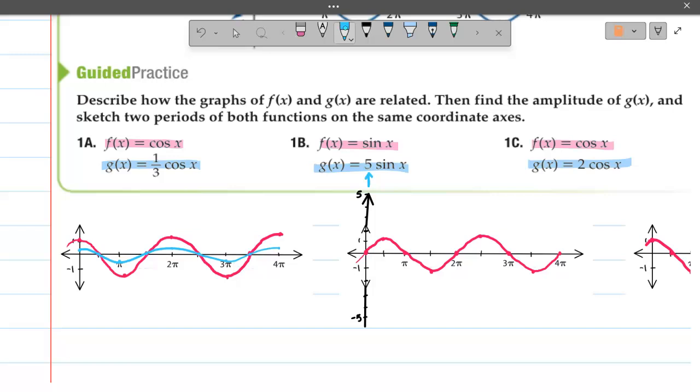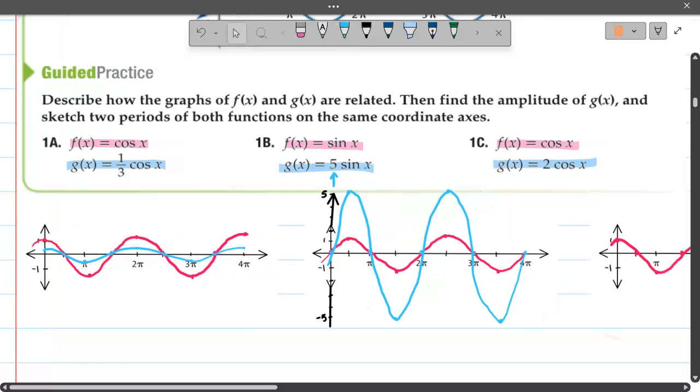And again, instead of going from 0 up to 1, we go from 0 all the way up to 5, back down to 0, all the way down to -5, back to 0, up to 5, 0, -5, 0. So when we connect them as smoothly as you possibly can, you can see that it is a vertical stretch from the parent function.